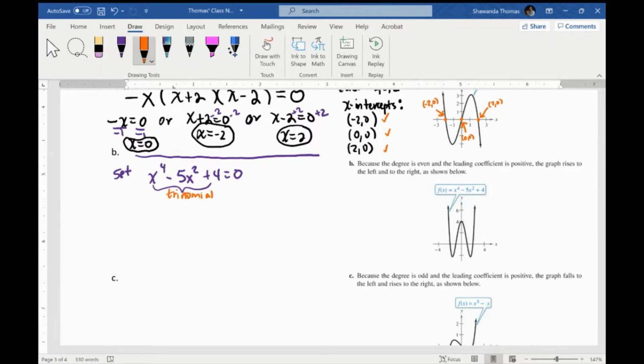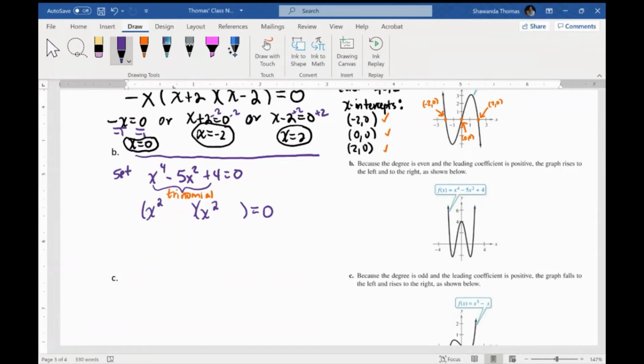But since the leading coefficient is 1, it's a little easier, and I don't necessarily have to do the AC method. If you want to do the AC method, you can. I know I can split up this x to the 4th. There's only one way to split x to the 4th up into 2. What times what? x squared. Yep. x squared times x squared will give you back the x to the 4th part.